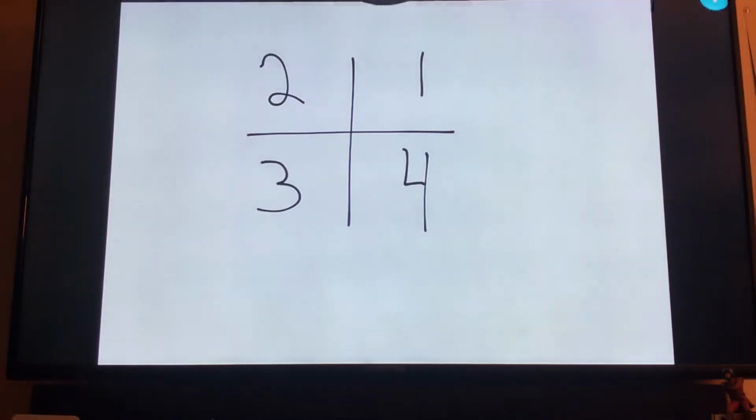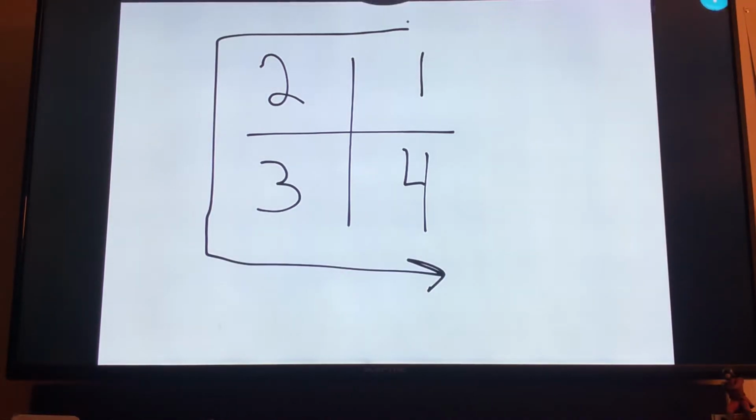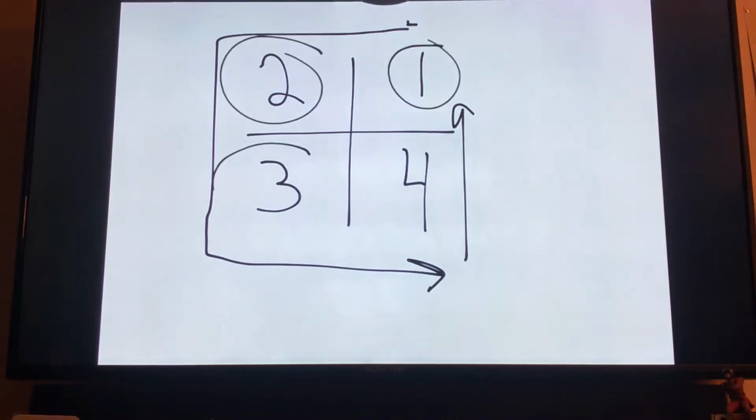For some reason, I don't know why it goes like that, but it just does. Remember it goes like this and then goes back up. So quadrant 1, quadrant 2, quadrant 3, quadrant 4.